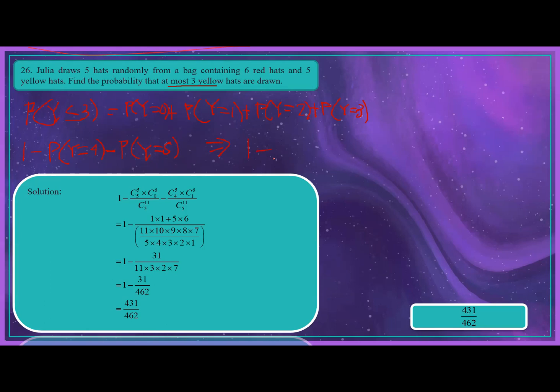When we choose yellow hats, out of 5, you choose 4, and the remaining one would be from the red, so that's 6 choose 1, correct? Over, out of 11, you choose 5. So this is your denominator. You have 11 hats, you choose 5 hats.